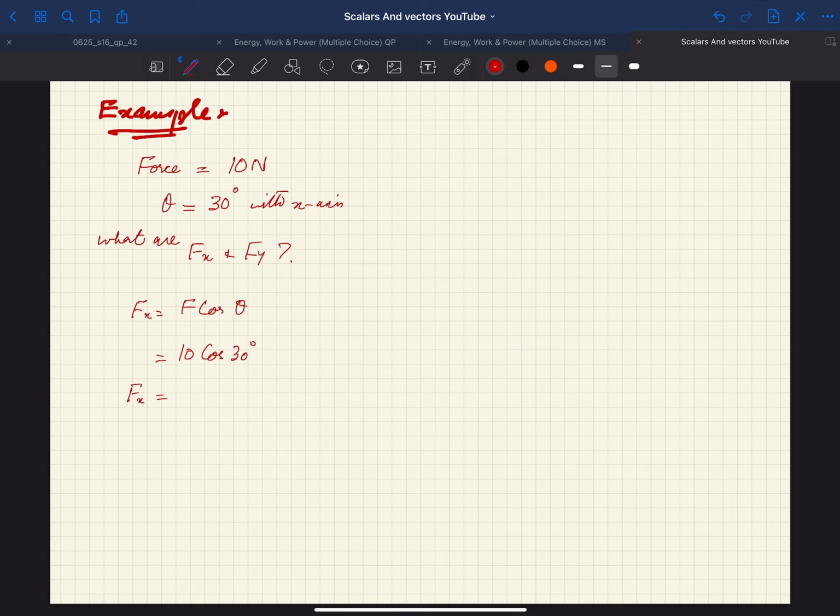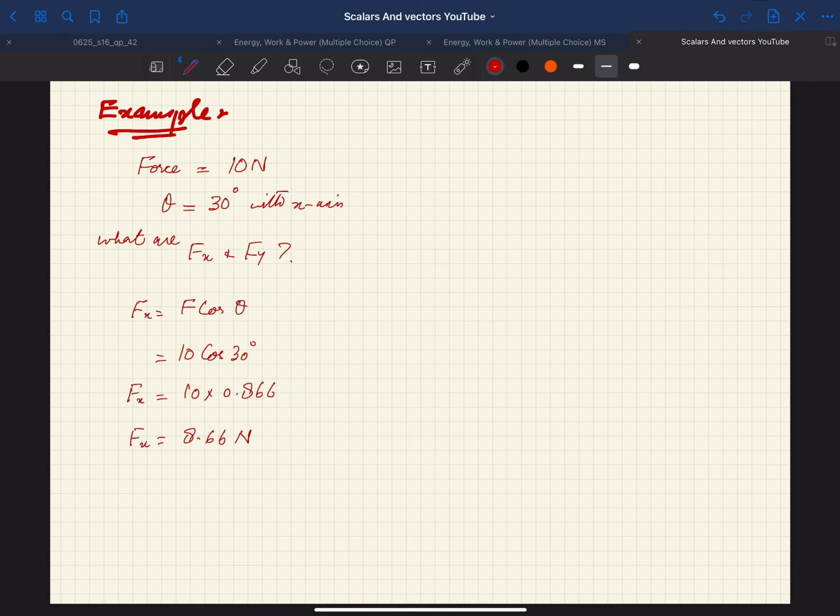You know that cos 30 is nothing but 0.866. So ultimately you can say that fx is nothing but your 8.66 Newton. So this is what you have.